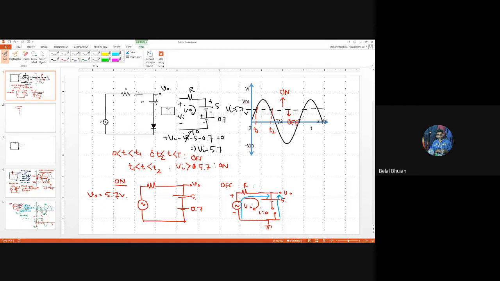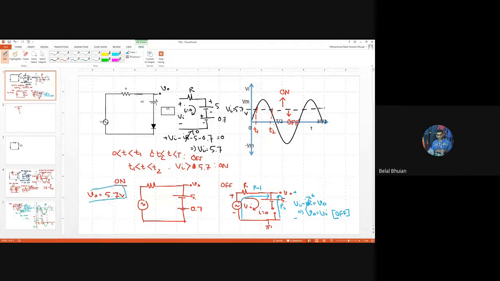Which path is suitable for us, P1 or P2? P1, because P2 is not possible, since there is a broken line, so we cannot go. So we have to go this way. If I apply KVL, we find that Vi minus IR equals V naught. IR being 0, that gives us V naught is equal to Vi. So this is the input-output relationship when the diode is off, and this is the input-output relationship when the diode is on.